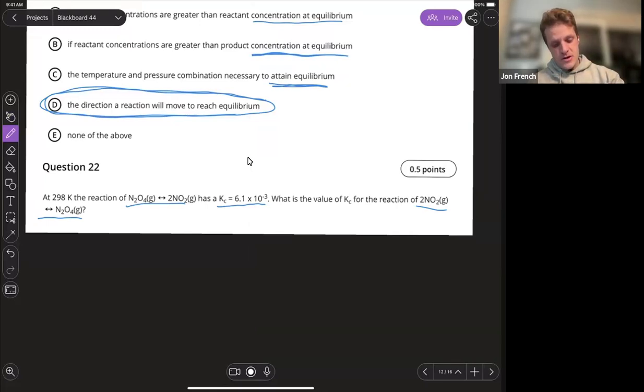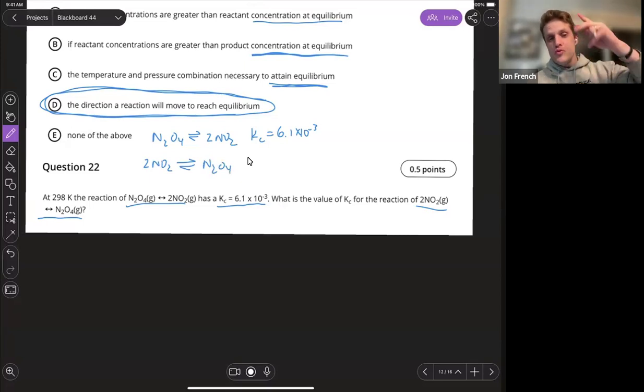For the forward reaction, N2O4 going to 2NO2, that equilibrium constant is 6.1 times 10 to the minus 3. We flip that reaction, 2NO2 goes to N2O4.